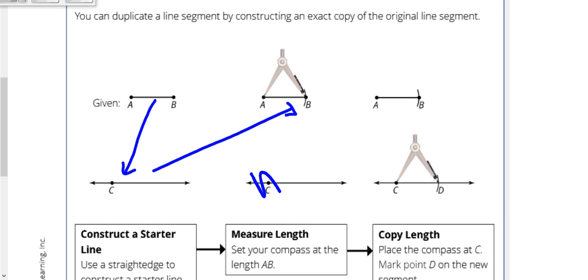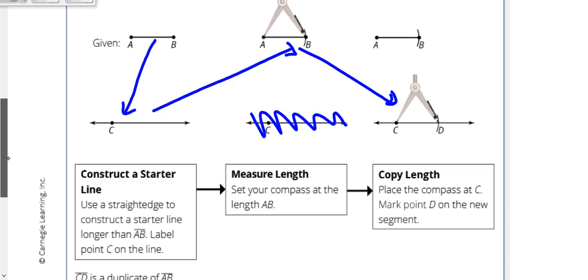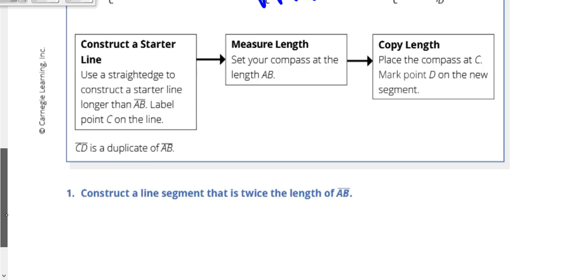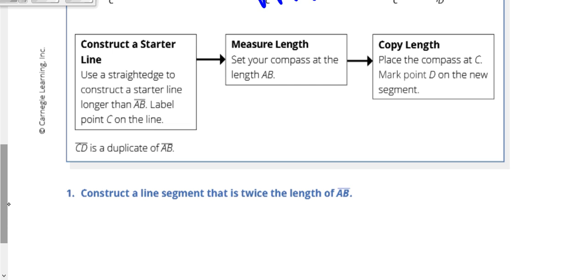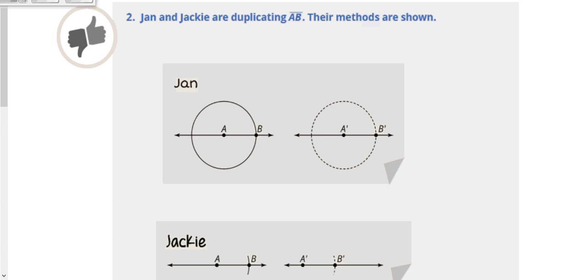You ignore this part down here, and then you end up going down here. So if you're looking at this worked example, it makes it look 10 times harder than constructing a duplicate line. You can look at it, but it really is a lot easier than it seems on that worked example. All right, so we're going to construct one real quick, and then we're basically going to be done.